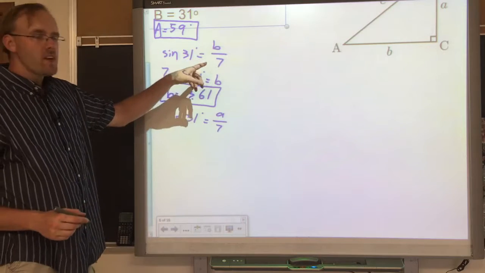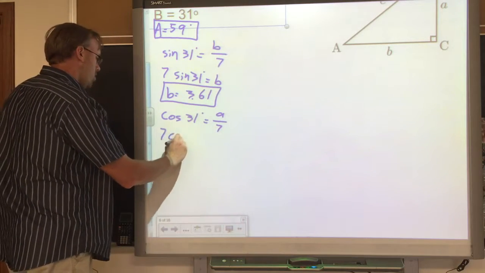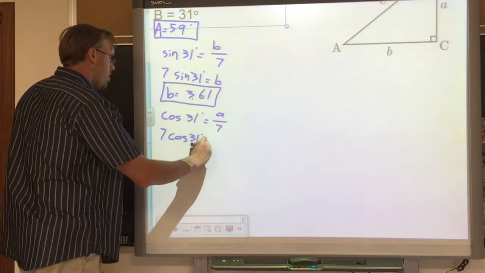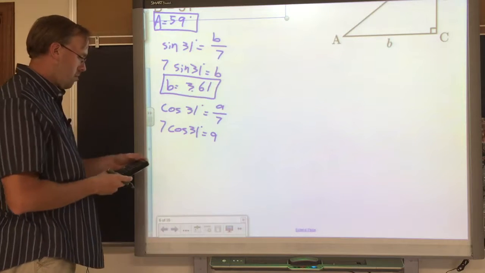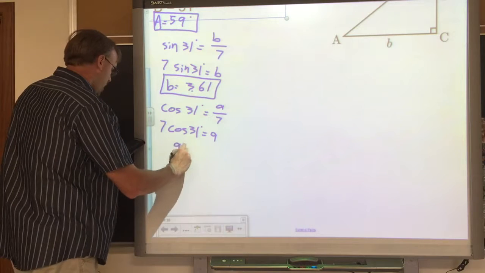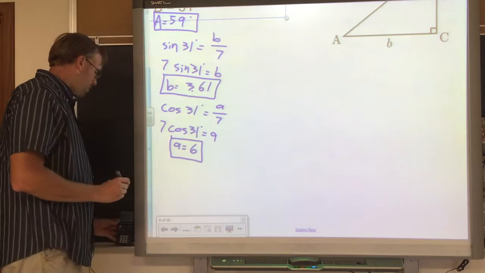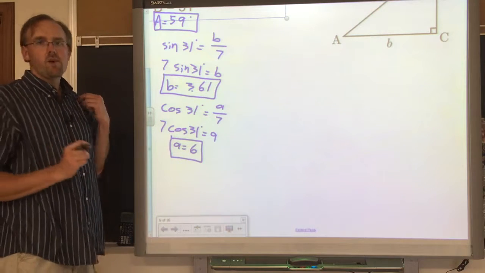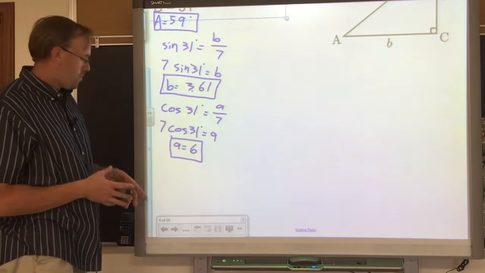And similar to this, to get A by itself, we multiply 7 over. So 7 cosine of 31 degrees equals A. So 7 cosine of 31, and so A equals 6. Again, I think just a little bit quicker than the Pythagorean theorem when you have your calculator.